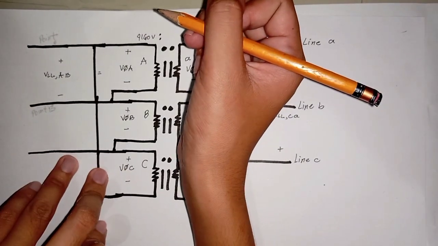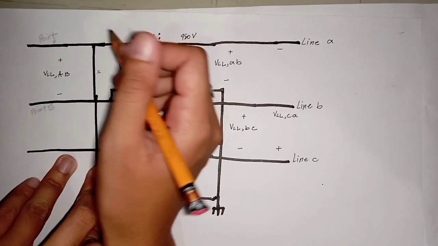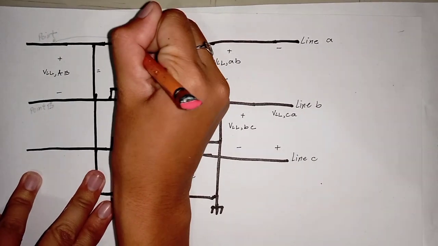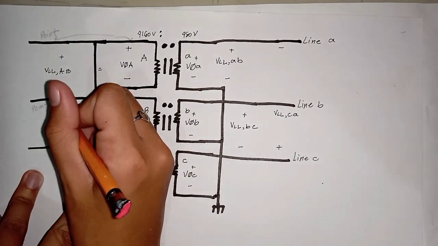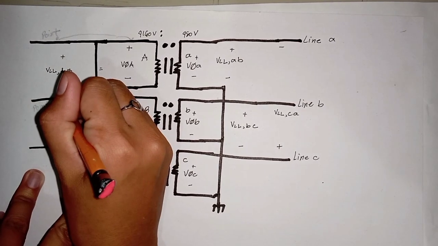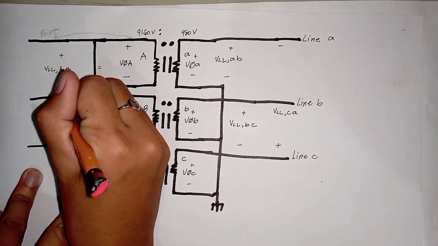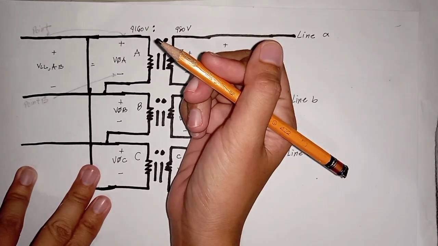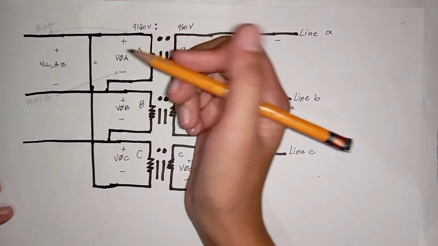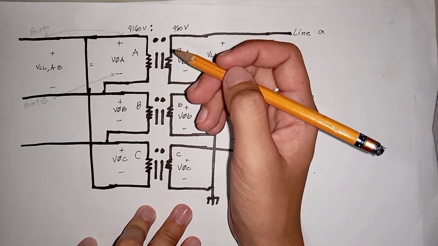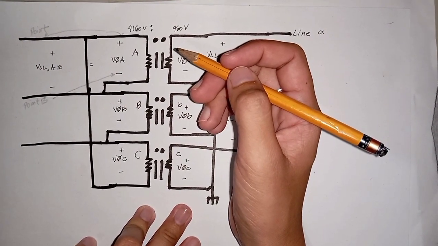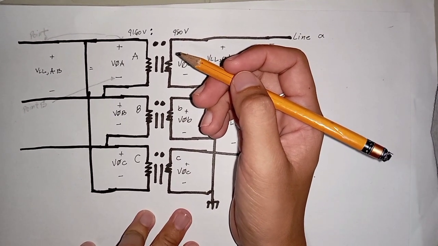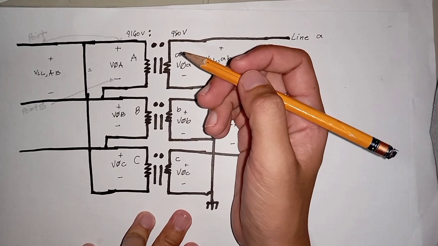Point A is the same as the polarity side of winding A, and point B is the same as the non-polarity side of winding A. So if we measure across point A and point B, we are actually measuring across the polarity side of winding A and the non-polarity side of winding A.